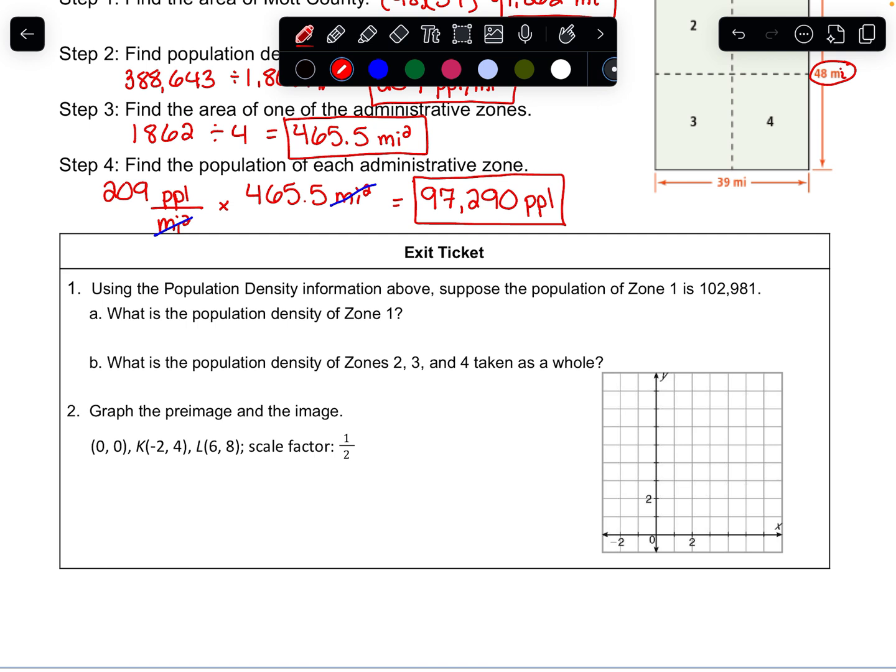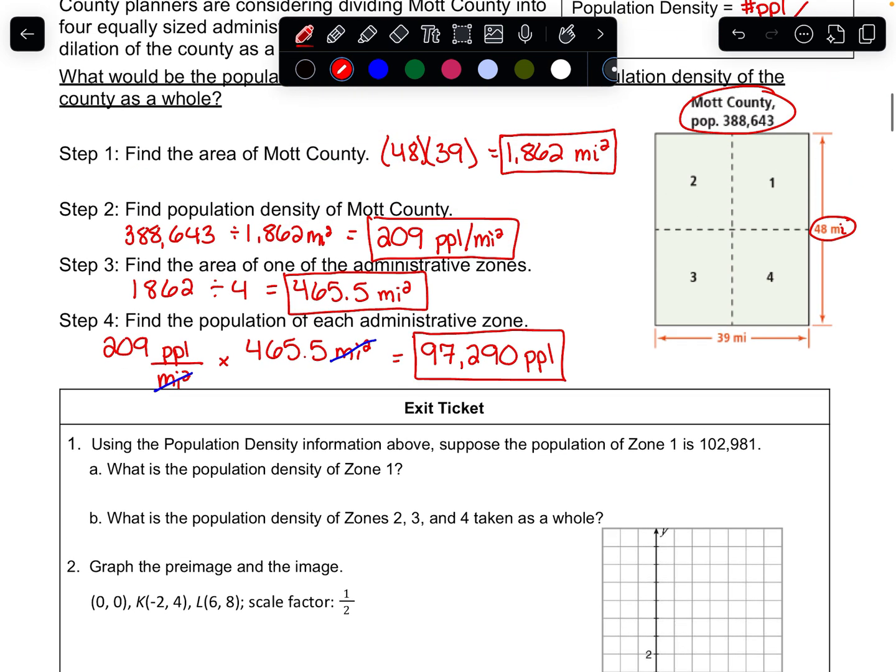Okay, number 1, using the population density information above, suppose the population of zone 1 is 102,981 people. So then what is the population density of zone 1? Well, population density is the number of people, so 102,981 divided by the area.